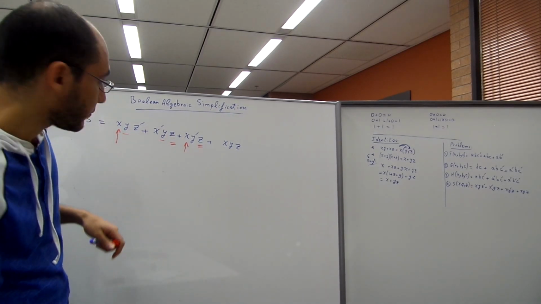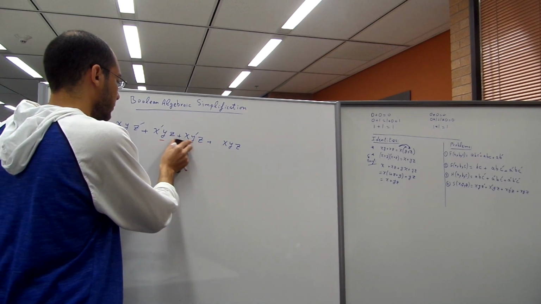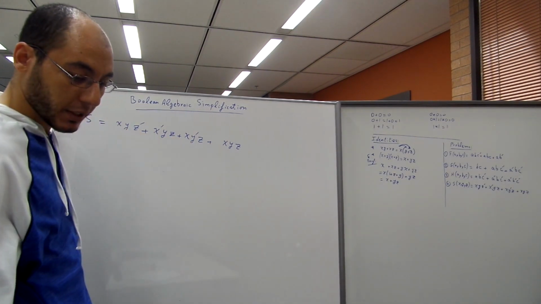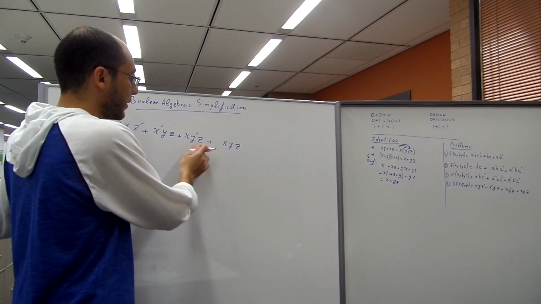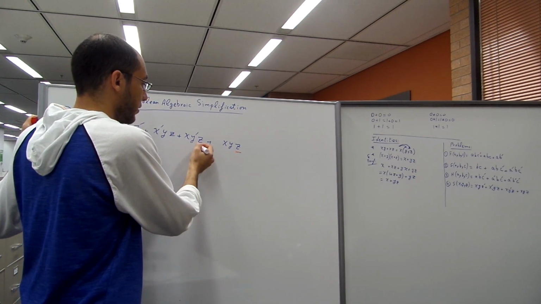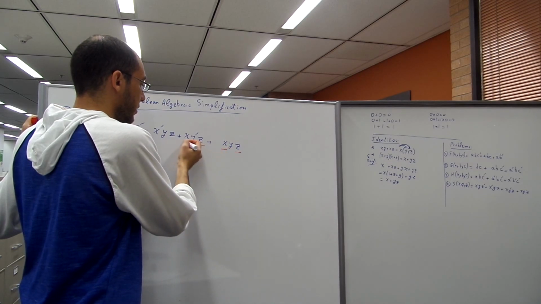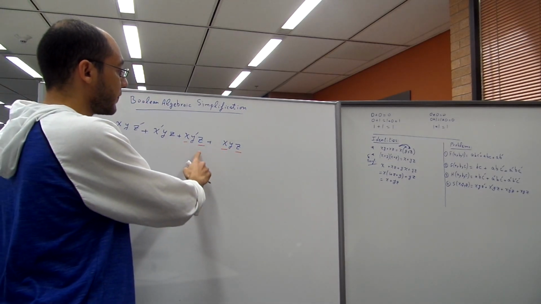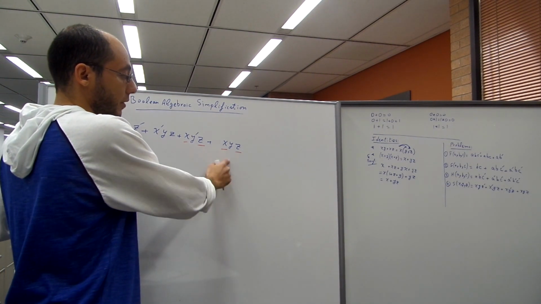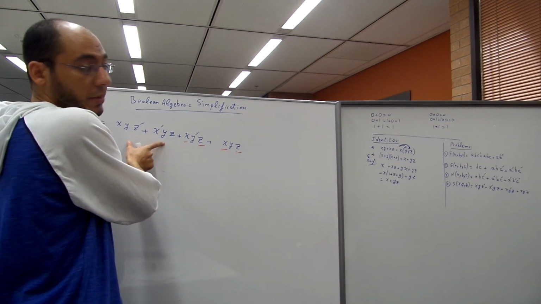However, if I take this term with that term, then I'll find that the z is common, the x is common as well, right? So it's very useful to take these two terms together. However, these two will remain as they are.